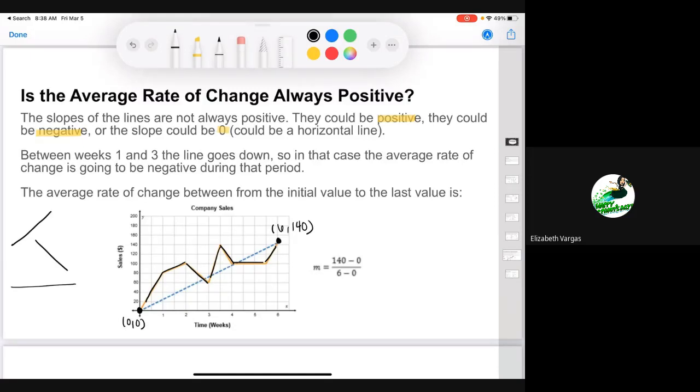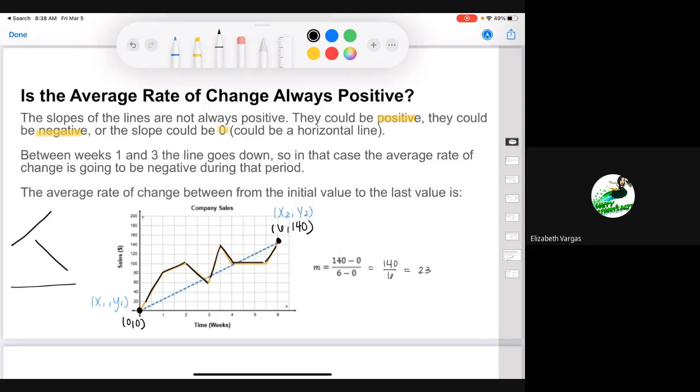And so given that information, we can plug it into the equation for slope, where this is my x1 and my y1, and this is my x2 and my y2. Plug those into this equation like we see here, and then solve. 140 divided by 6. What does that equal?